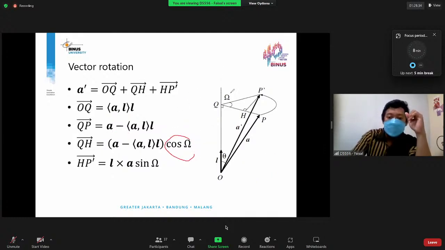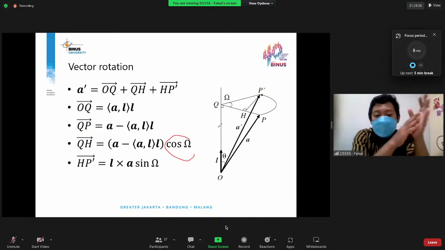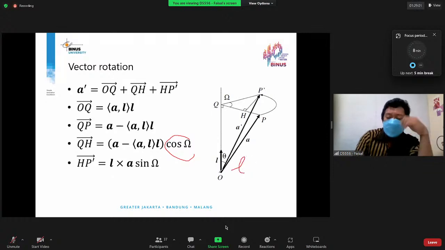And HP' is a cross product, a vector orthogonal to the direction L and orthogonal to QP.